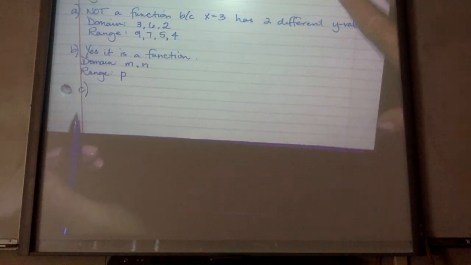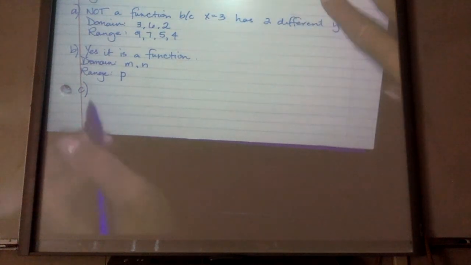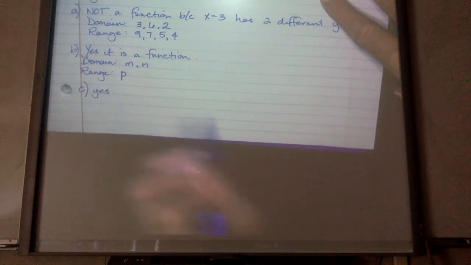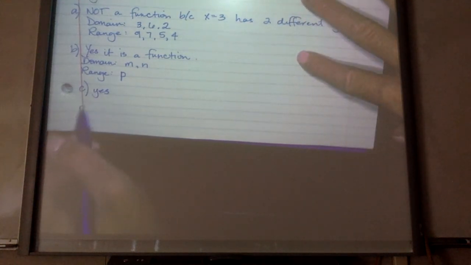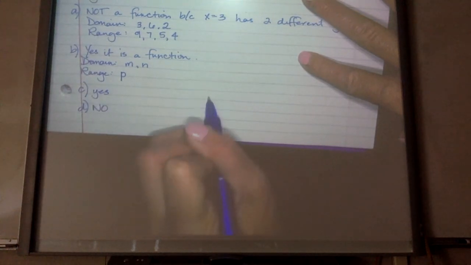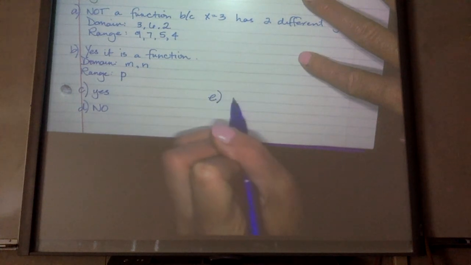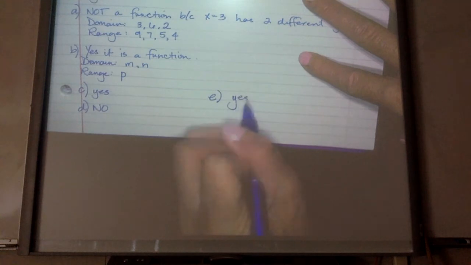So C, if I was to draw a vertical line, the answer would be yes. It only crosses it once. Again, you can pause the video right here, draw the vertical line test through D and E, and then you can check my answers. So D, if I drew a vertical line test, it would not pass. And then E, if I drew a vertical line through that graph, yes, it is a function.